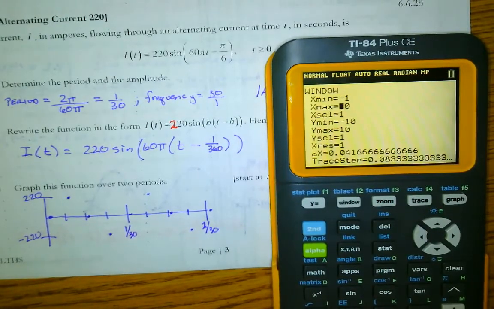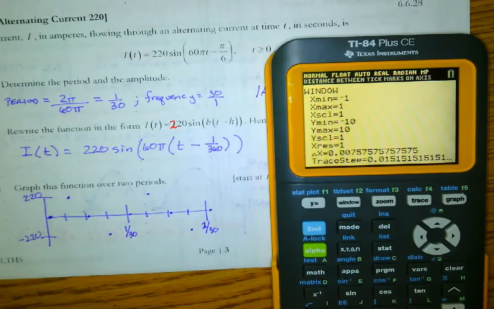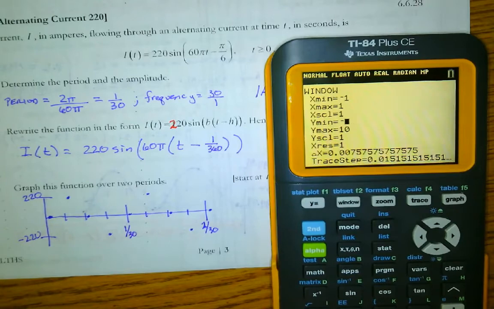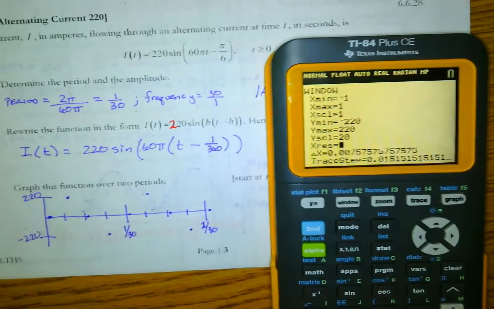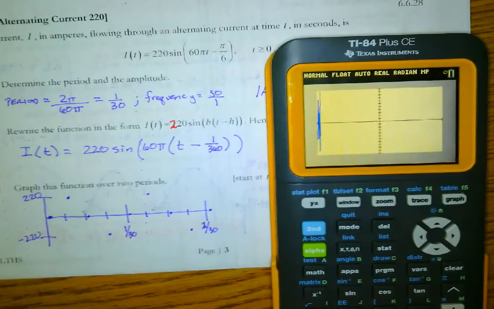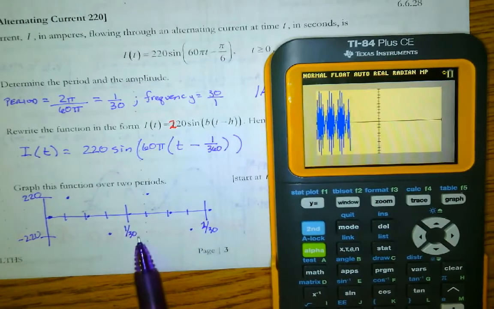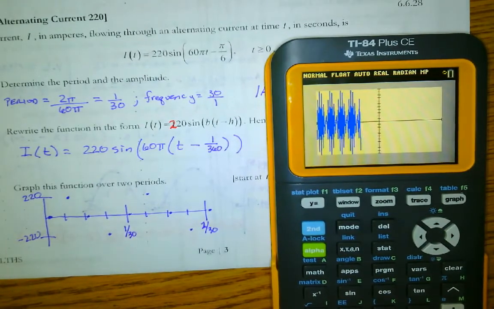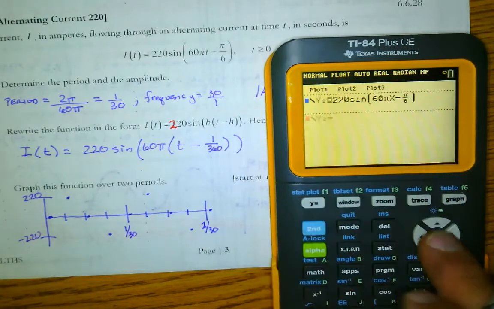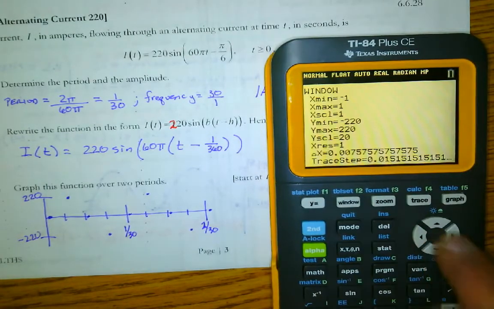If I change even my period to be between -1 and 1, right? And my y min to be -220 to 220, let's set the y scale to be every 20 points, and I were to graph there, I'd still have this weird looking graph, right? And that's because how small is my period? 1/30th.